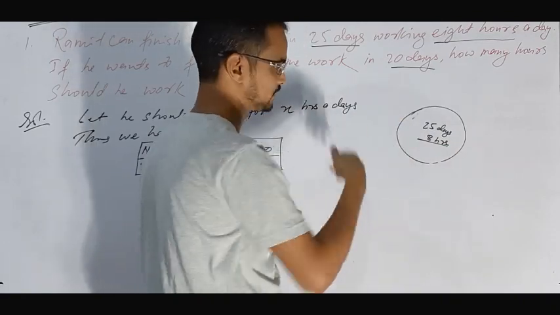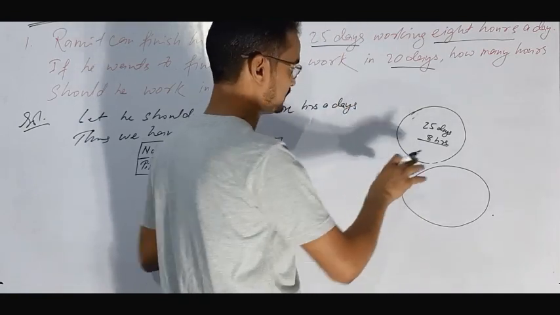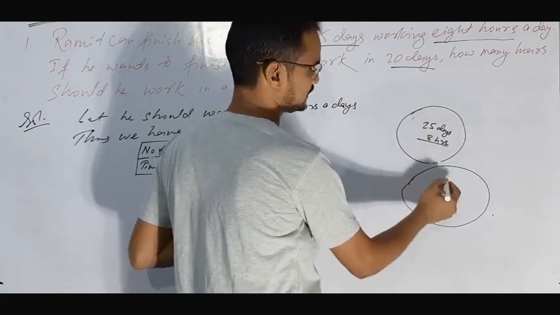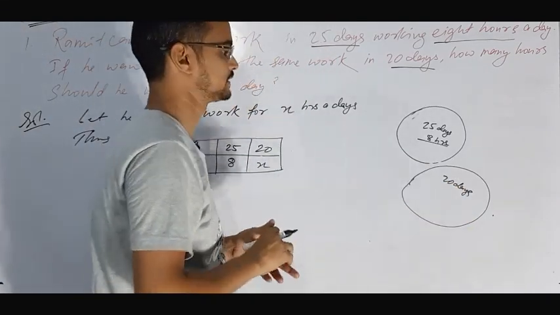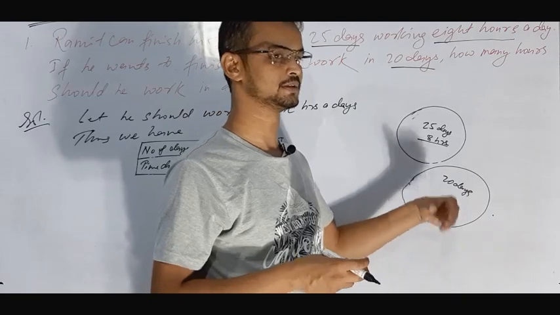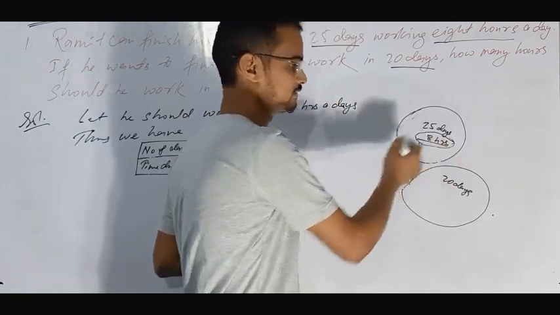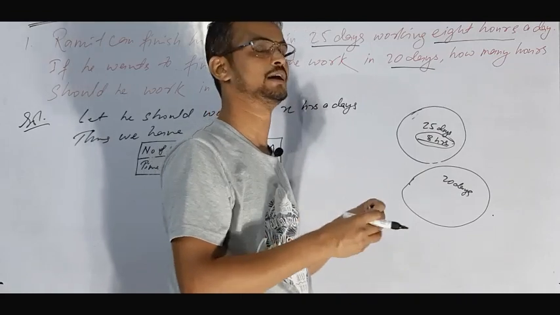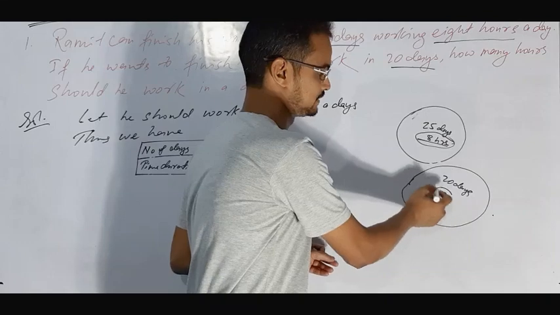Is it clear? Now suppose I try to complete this work in 20 days. I am wishing that this work is completed in 20 days. So I have to do more work, that means I have to give more time per day, that is x.